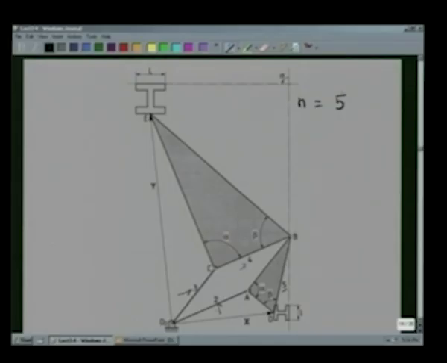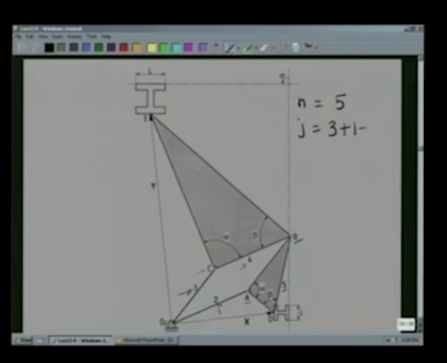Now, let me count the number of hinges, J. We see there are 3 simple hinges at A, B and C. So, J1 is 3. At O2, 3 links are connected, namely the fixed link 1 and link number 2 and 3. Since 3 links are connected at O2, this is a second order hinge, that is of the type of J2. So, J2 is 1.